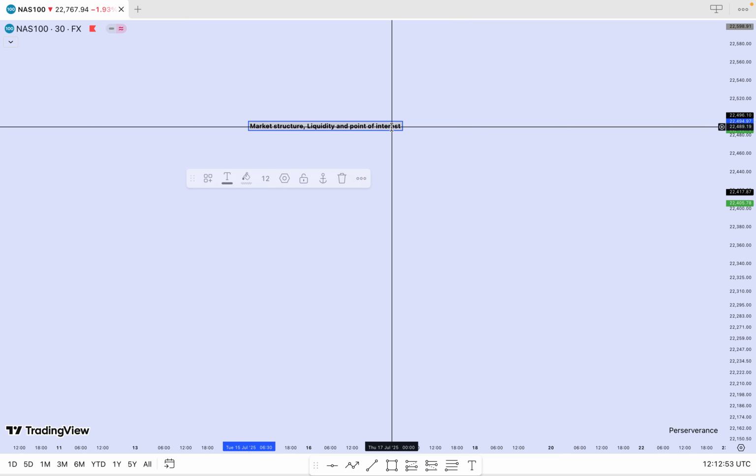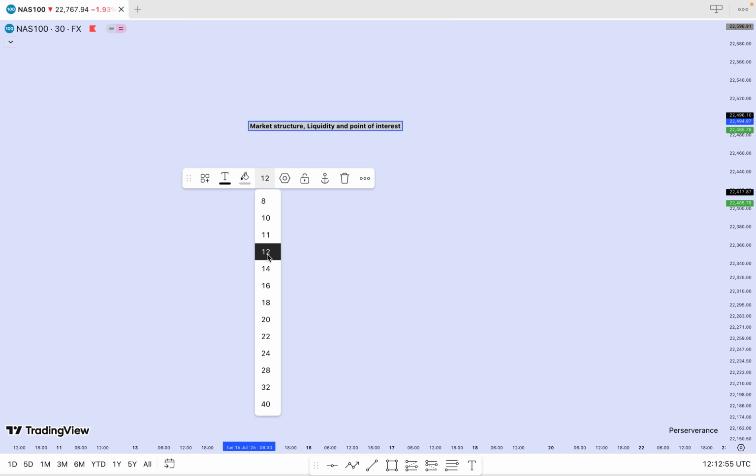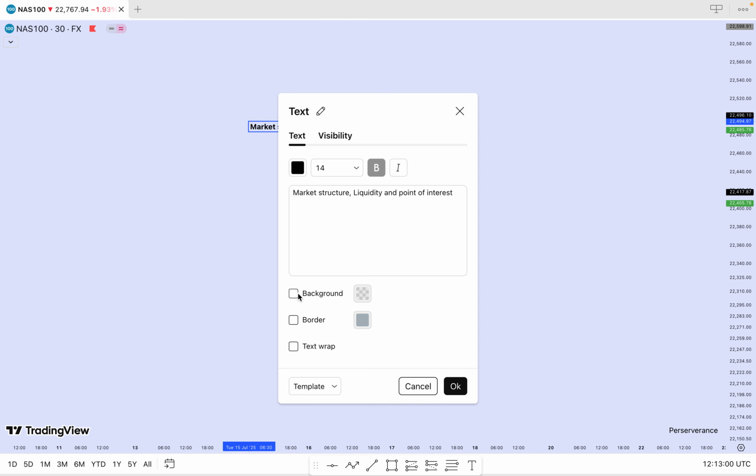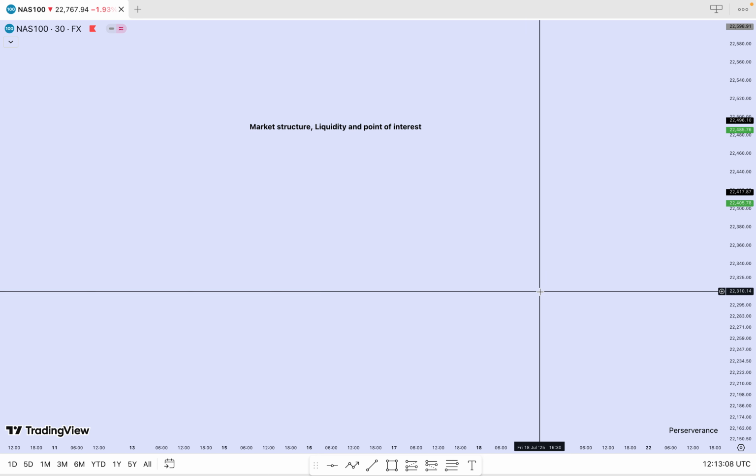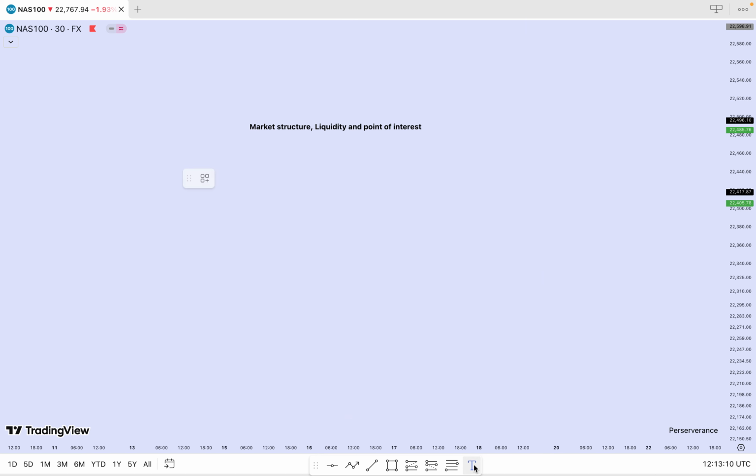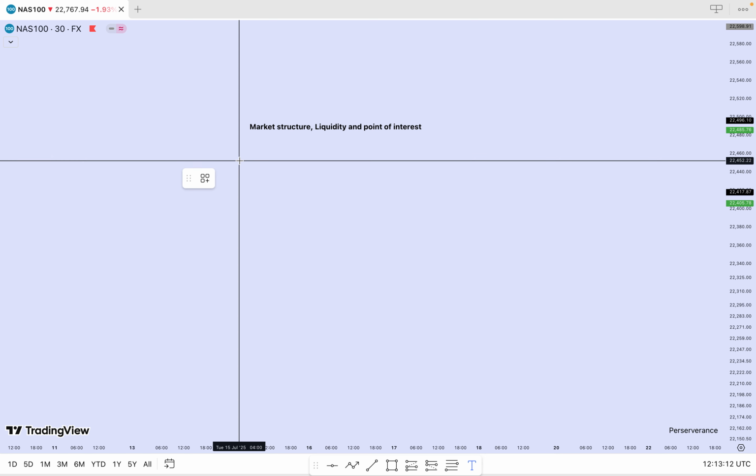So let's start with the market structure. Now, market structure is basically the market behavior. Okay, the market condition, the way the market moves.